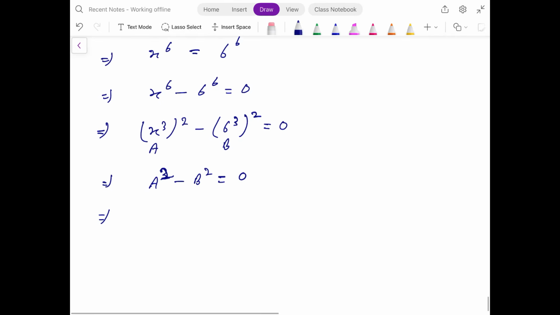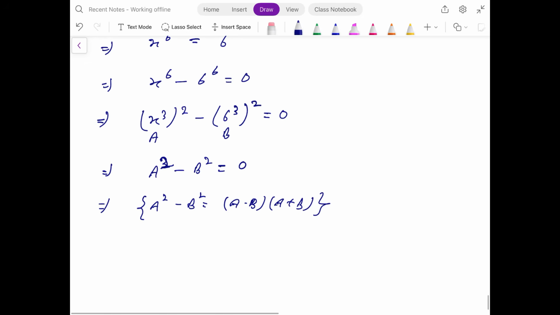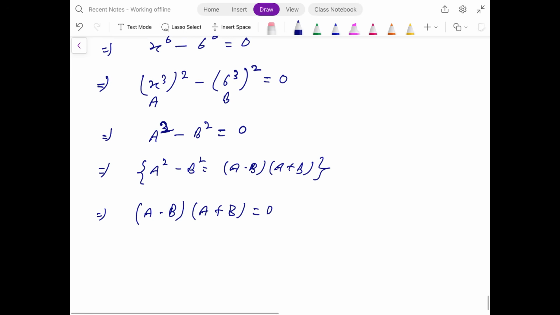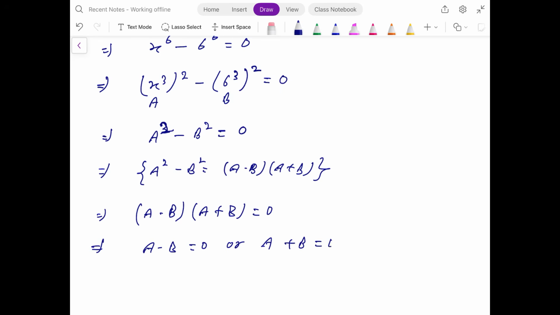After using the property a^2 minus b^2 is equal to (a minus b)(a plus b), the equation will be (a minus b) times (a plus b) equal to 0. Further, it can be written as a minus b equal to 0 or a plus b equal to 0.